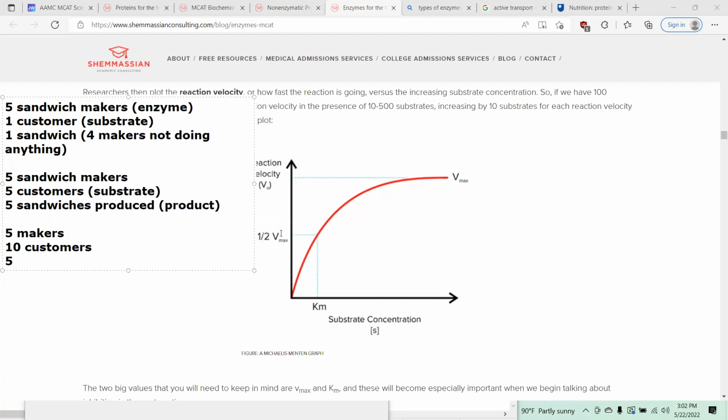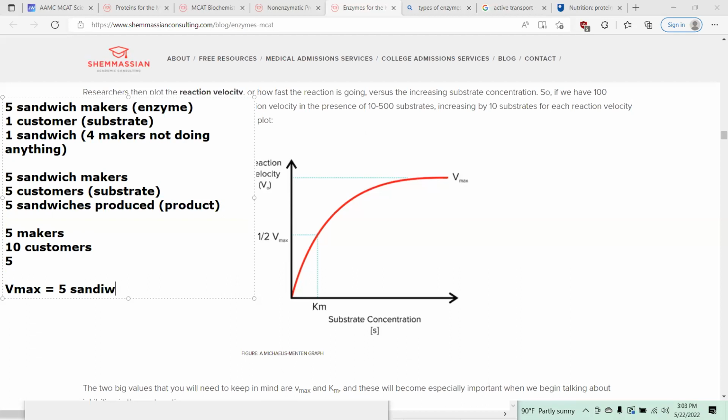Now, what is our Vmax in this hypothetical? The Vmax is like the maximum product that we can make, right? So what is the maximum product that we can make? Five sandwiches, right?